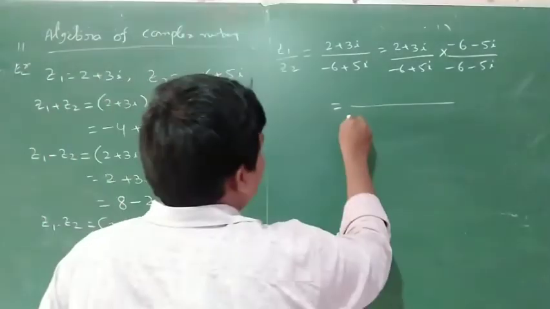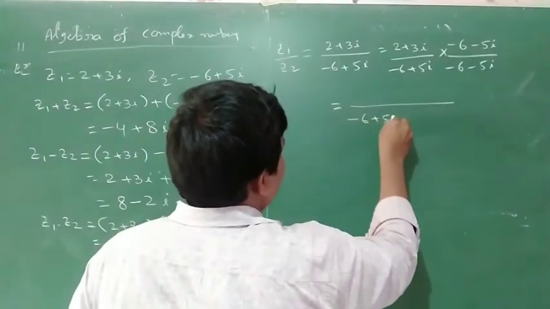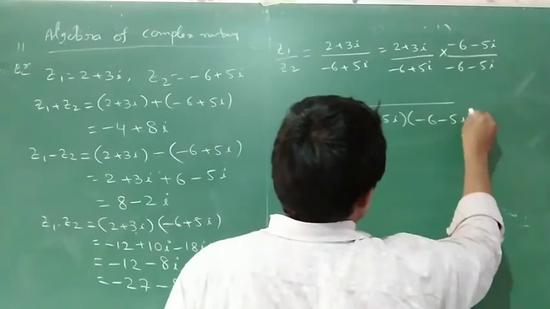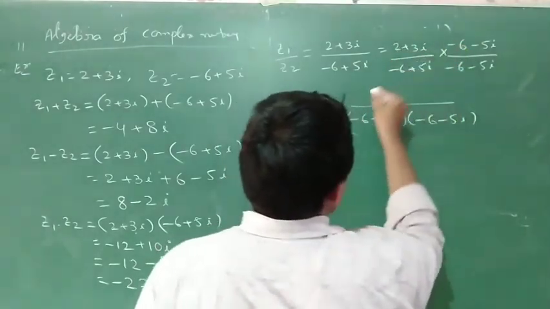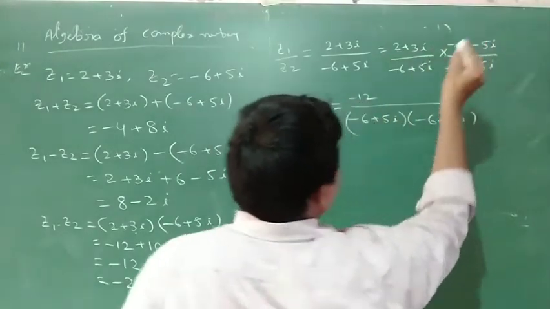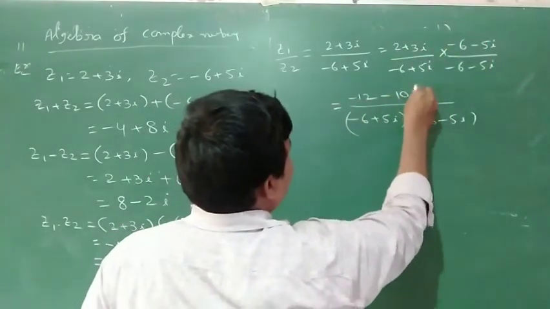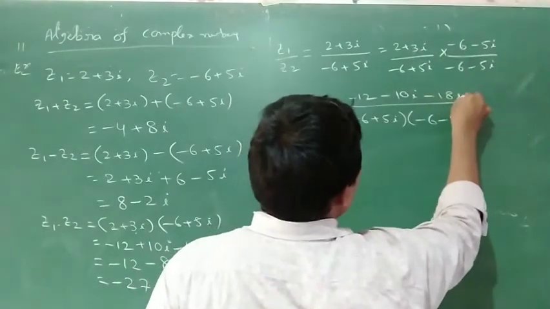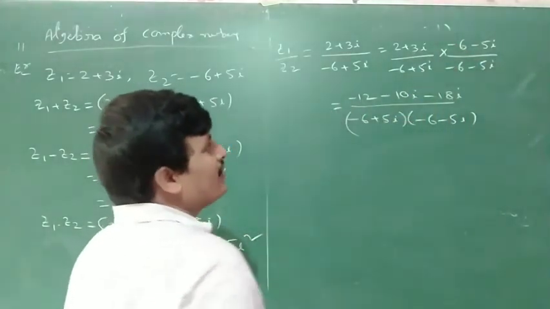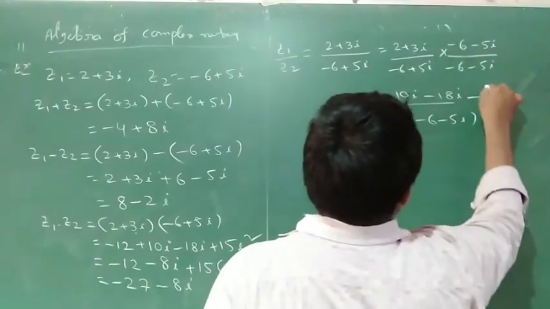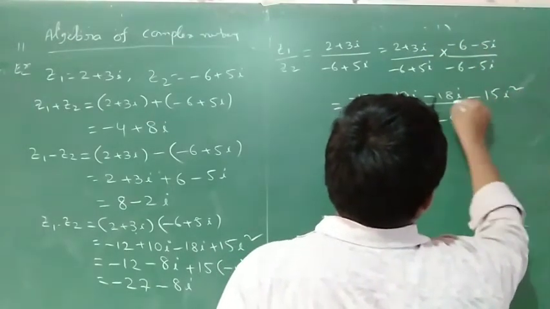So minus 6 plus 5i into minus 6 minus 5i. Multiply 2 into minus 6, minus 12. 2 into minus 5i, minus 10i. 3i into minus 6, minus 18i. Plus into minus, minus 5 into 3, 15, 15i square.